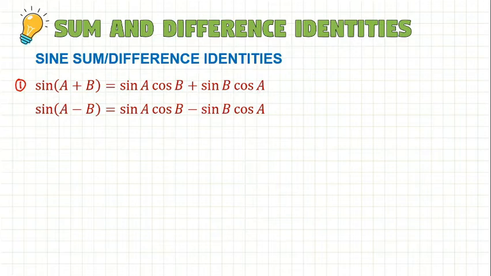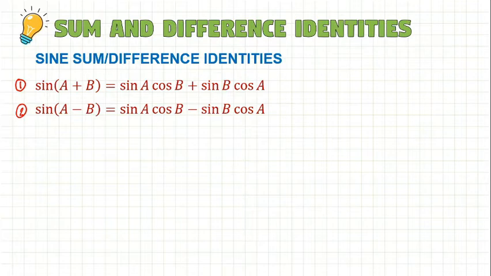While for the difference, we have sine of a minus b is equal to sine a cosine b minus sine b cosine a. So we will just apply these formulas whenever you have to evaluate the sine of the sum of two angles or the difference of two angles. Here, A and B are different angles.